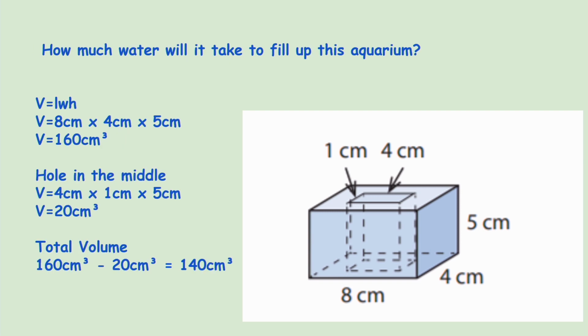If we look at this aquarium, we have a total volume of 8 centimeters times 4 centimeters times 5 centimeters, which gives us a total volume of 160 centimeters cubed. But remember, I told you that there was a hole in the middle of it. So I asked you, did we have to add or subtract? And if you said subtract, that was correct. So let's find out what the volume of this hole in the middle of this aquarium is, and we'll subtract it.